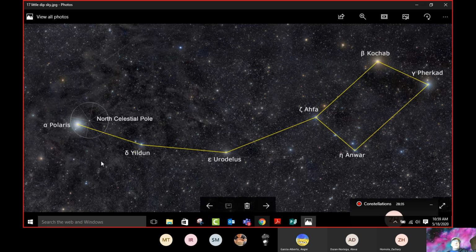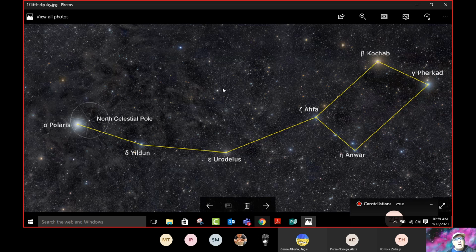Now, as the Earth is spinning on its axis, this is the point directly above where it's spinning, directly above the North Pole at the tip of the axis. But just like a top that is spinning, and that top is often wobbling, this point actually changes through time. So what is now the North Celestial Pole won't be in the future and wasn't in the past, but it's a cycle, so it will be again.